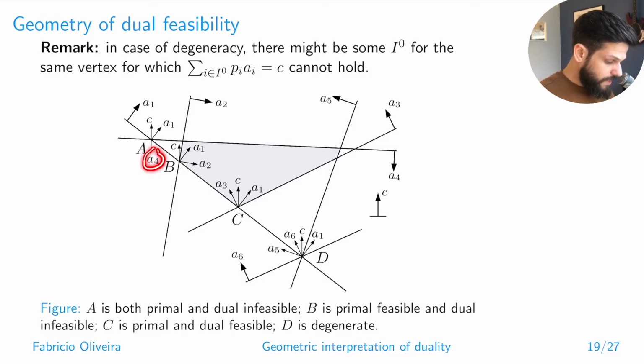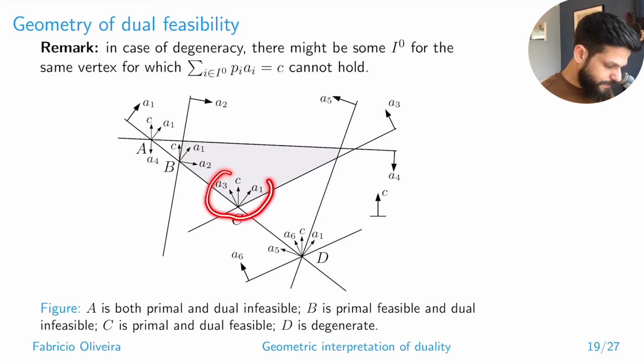Remember that I can only use positive multipliers, so I would need a component going in this direction to fix it. Now B is primal feasible, but once again I cannot write C with only positive combinations of A1 and A2, because I'll have to flip one of them to get the right component. So it's primal feasible, but it's not dual feasible.